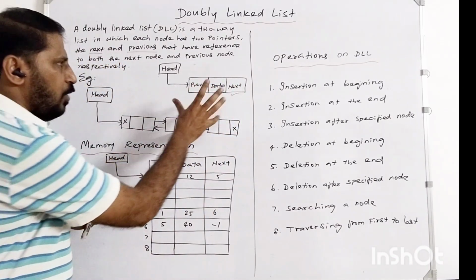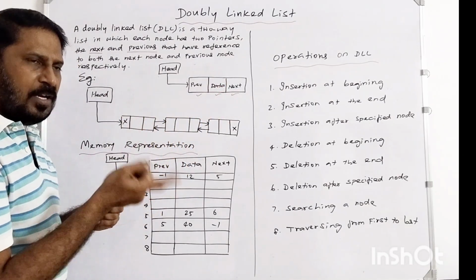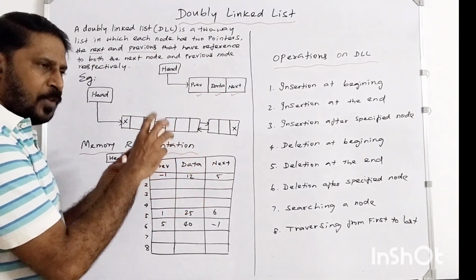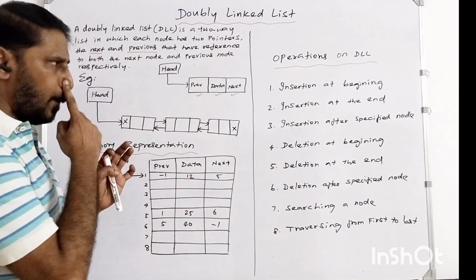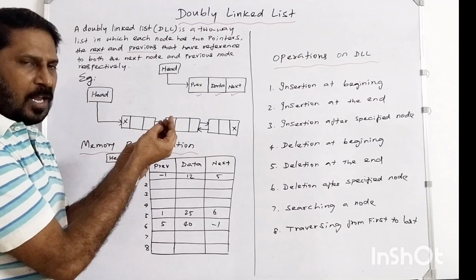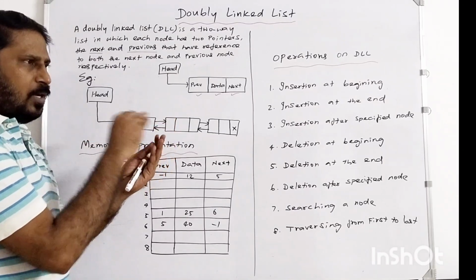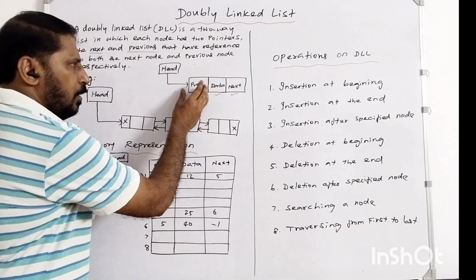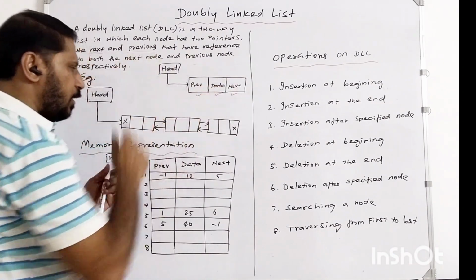In a singly linked list, only two partitions are there: one is data, another is the next link. Here in this doubly linked list, we are able to refer to the previous node as well as the next node. That's why there are three partitions: previous, data and next.